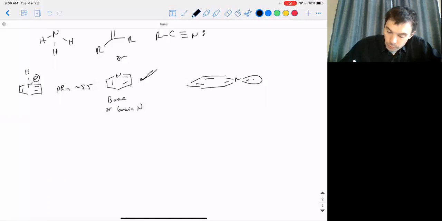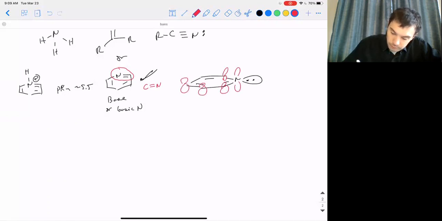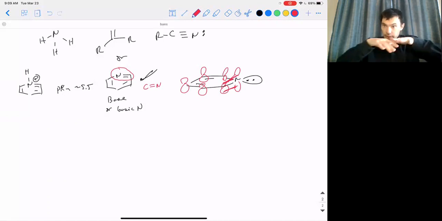If you go through and look at the pyridine molecule, you'll notice that this has a very key imine. So there is a C double bond N in there. What that's telling us is, if we look at the structure of pyridine, there already is a pi bond here between the nitrogen and the carbon. That means that, in the sp2 framework, we have the sigma bonds or single bonds, and then we have the pi system or the pi cloud.